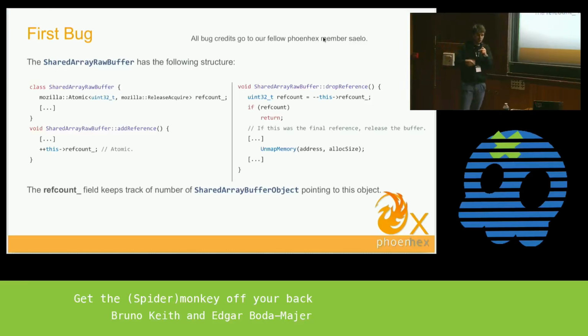That way we know when there are no more references to the memory, and we can free the memory, which basically happens in drop reference. Whenever one of the shared array buffer objects gets freed, drop reference will get called here. It will decrement the ref count. Then if the ref count is non-zero, it will just return. But if the ref count is 0, it means there are no more references to that memory, and the memory just gets unmapped.